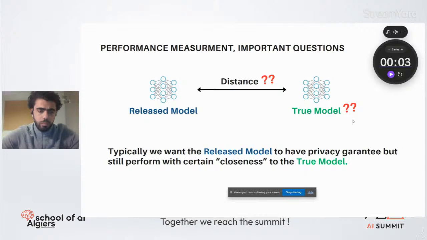This definition of what a true model is, and the distance, affects the way we try to prove the differential privacy of the machine learning algorithm, depending on the case.